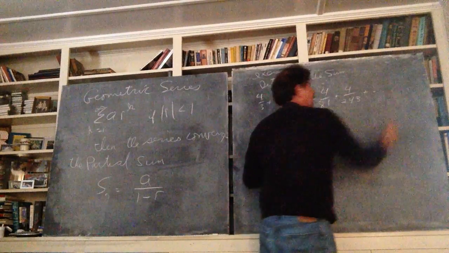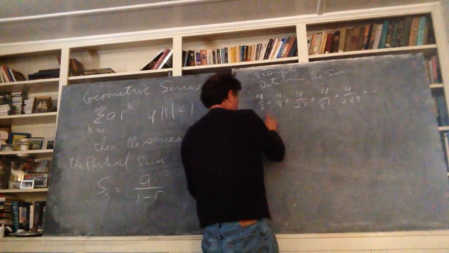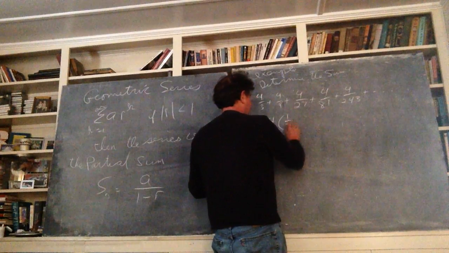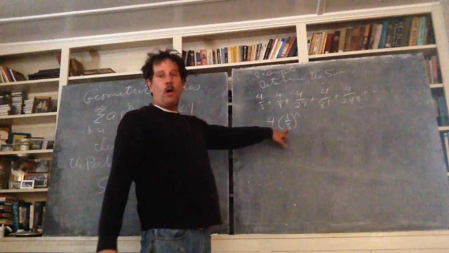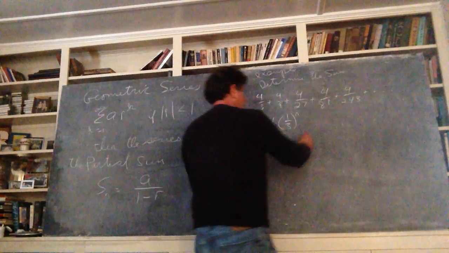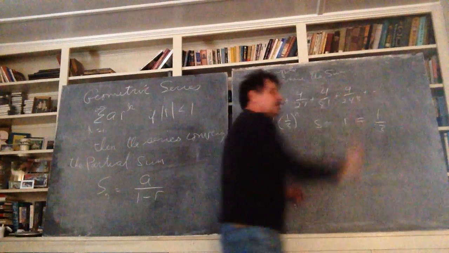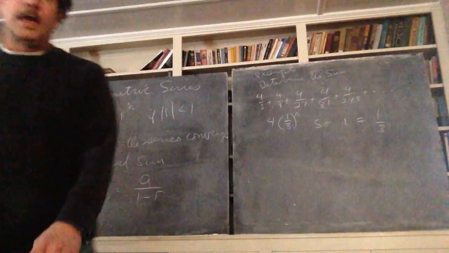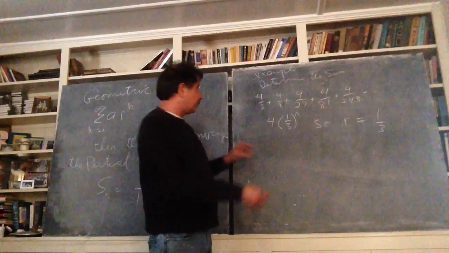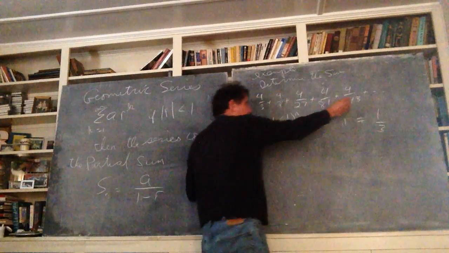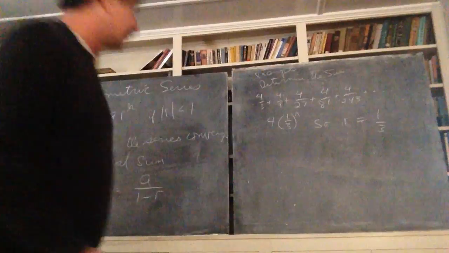This whole thing we could represent as 4 times 1/3 to the n, and so R is 1/3. We want to find the sum of this series. R is 1/3 because we're multiplying each term by 1/3. That's how we're getting the next successive term, and that's what makes it a geometric sequence.